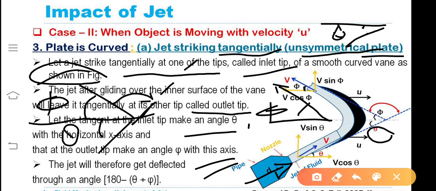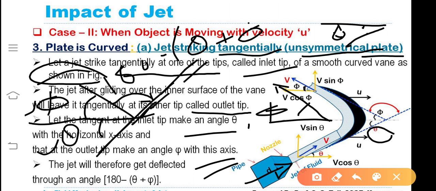I cannot show it there, everything will be mixed up. That's why I am trying to show it here itself. The jet will therefore get deflected through an angle equal to 180 minus of theta plus phi. Right? 180 minus of theta plus phi.